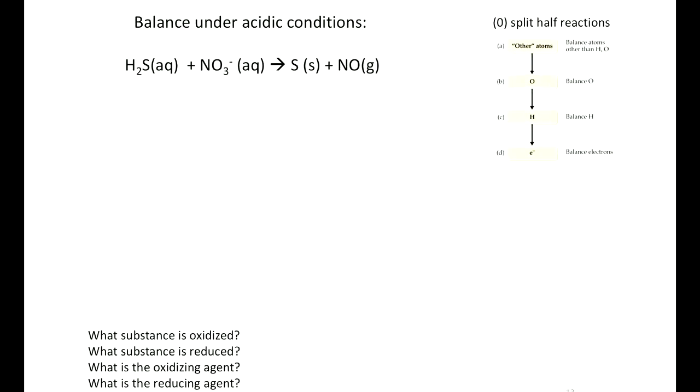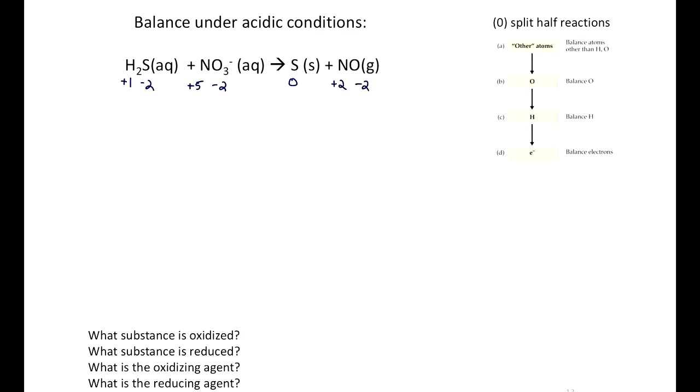Another one. Let's balance under acidic conditions. So same strategy. Let's get those oxidation numbers. So +1, -2. Oxygen in nitrate is -2. Nitrogen is +5. Sulfur solid, 0. In NO, O is almost always -2, so nitrogen is +2.